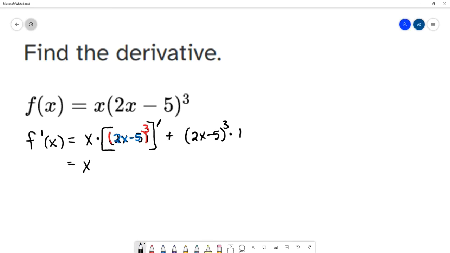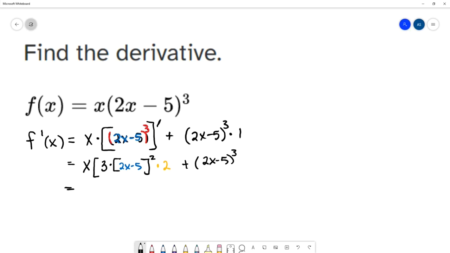So the chain rule says that we calculate the derivative on the outside function. So that's the power rule, bring the power down and take 1 away from the power. And we leave the inside alone, the 2x minus 5, and we chain by multiplying by the derivative of the inside. The derivative of 2x minus 5 is 2. And I'm going to copy down this 2x minus 5 cubed.